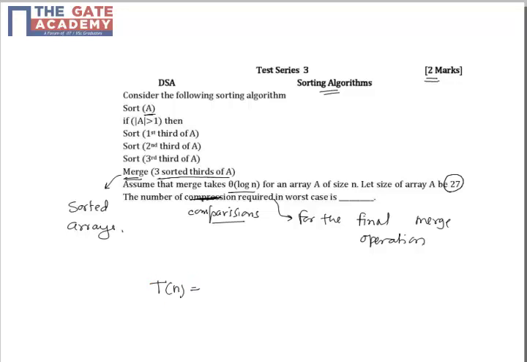The recurrence relation is T(n) = 3T(n/3). We have 3 subproblems of size n/3. Once we have the 3 arrays sorted, we have to perform the merge procedure, which according to this question takes theta of log n time.